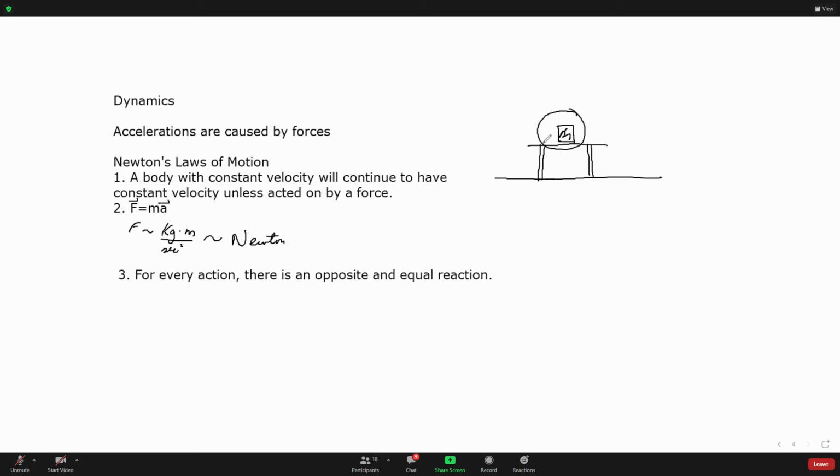Okay. That's correct. Now, is there a net force acting on the book? No, there's no net force acting on the book. So it continues to have 0 velocity unless I put some additional force somewhere on it.